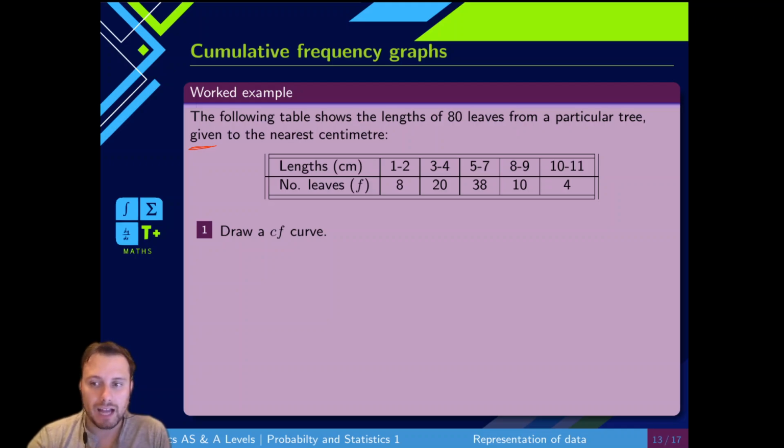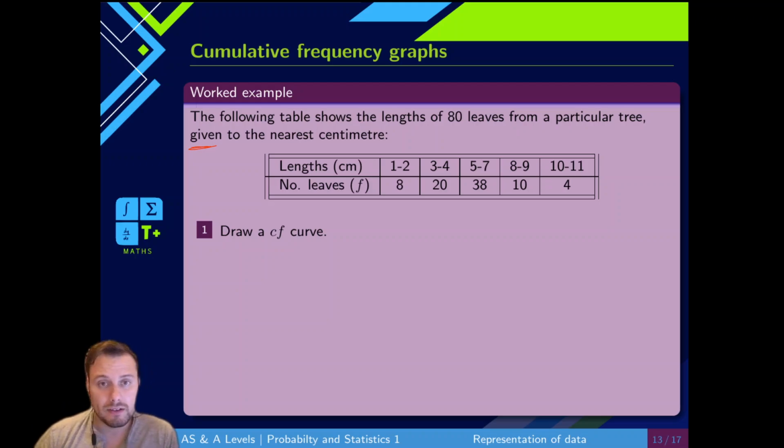So actually, the actual classes of this continuous data are not the classes that we're given here. The class from 1 to 2 is actually from 0.5 up to 2.5. Then the class for 3 to 4 is from 2.5 up to 4.5, then from 4.5 up to 7.5, from 7.5 up to 9.5, and then from 9.5 up to 11.5.